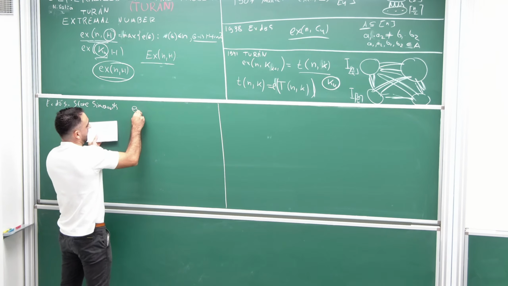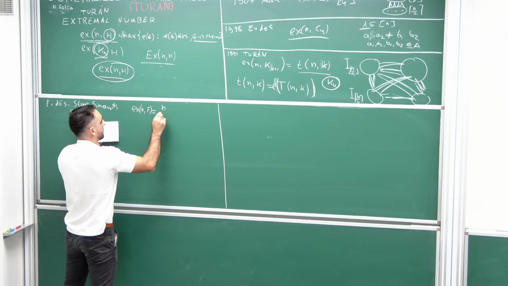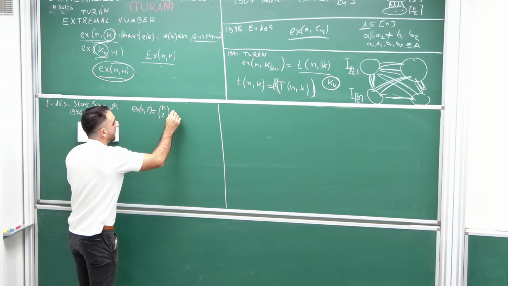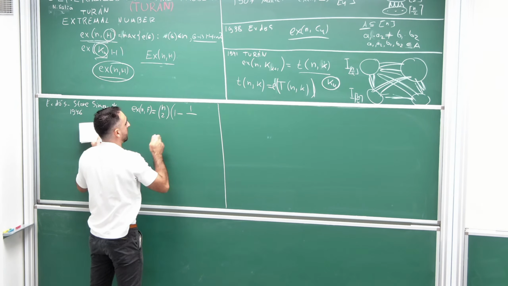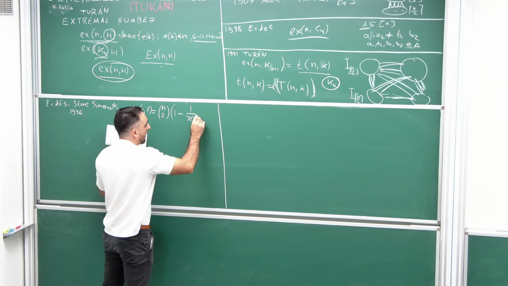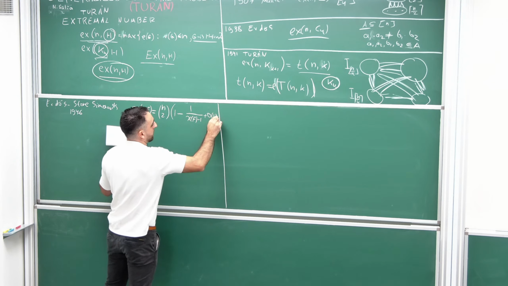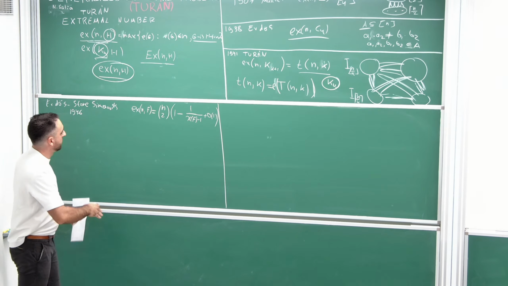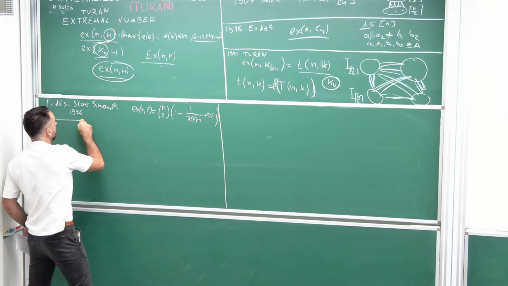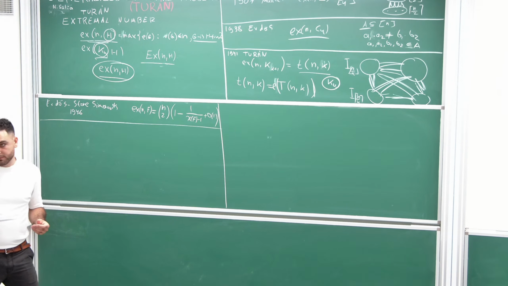So ex(n, F) is n choose 2 times (1 minus 1 over (chromatic number of F minus 1)) plus o(1). So more or less this theorem settles all of the problems, at least asymptotically.